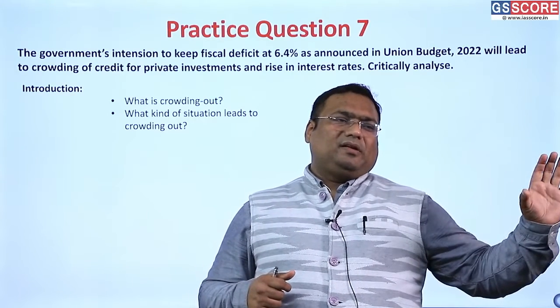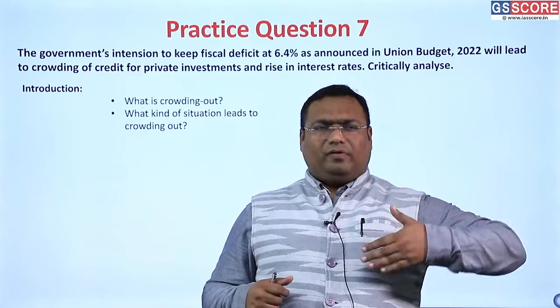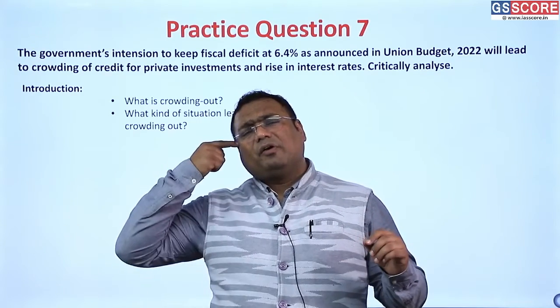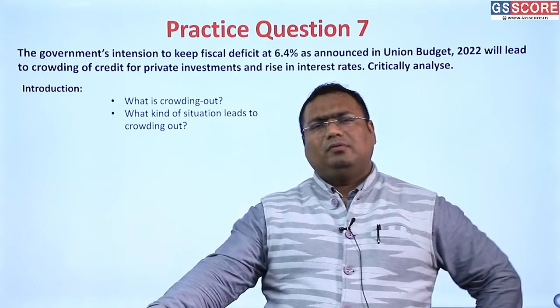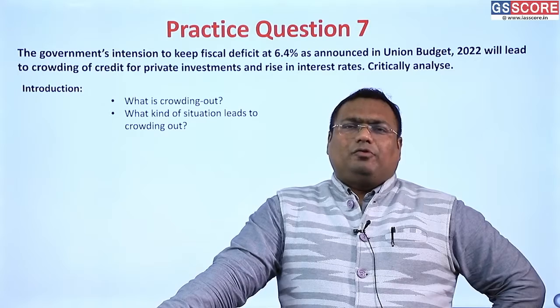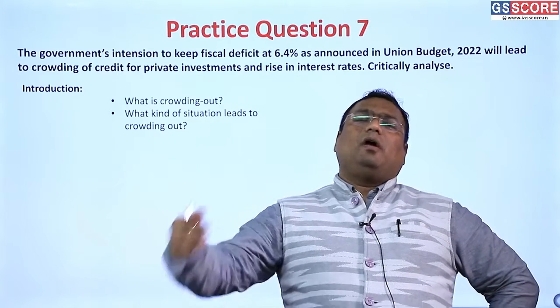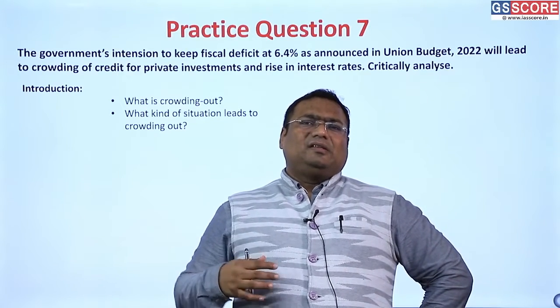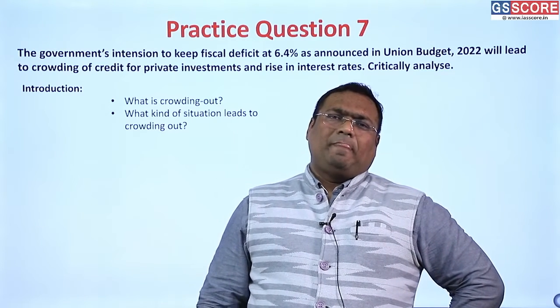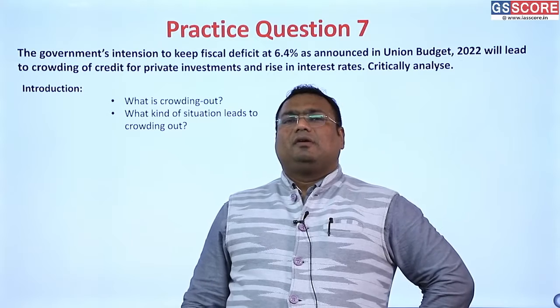For example, let us say government increases its demand for funds by 10%. Okay? Because government is increasing its demand for funds doesn't necessarily mean that demand should exceed the supply. If demand was already very low, then additional demand from government is not going to create much of an impact. So that is something we need to understand.